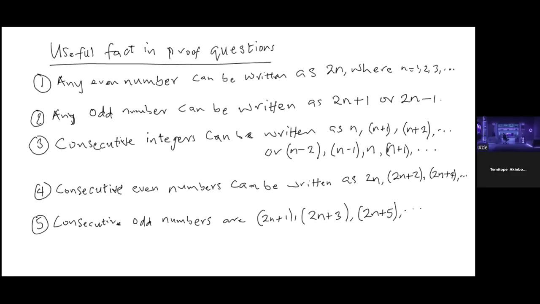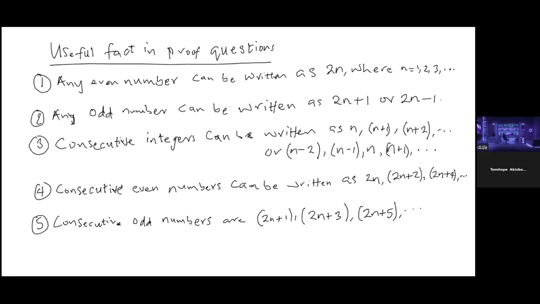But there's one thing I want you to take note of. In the consecutive even numbers, you can see that we have made use of the generalized way of writing even numbers, which is 2n. Now, when we want to have odd numbers, we say 2n plus 1 or 2n minus 1.